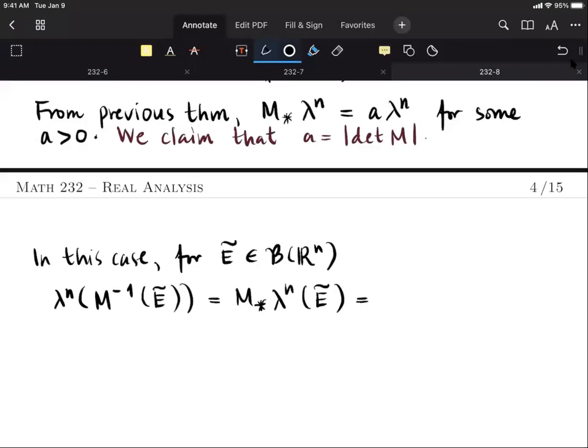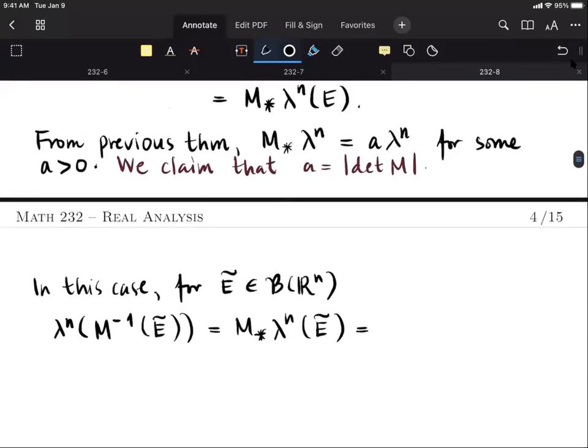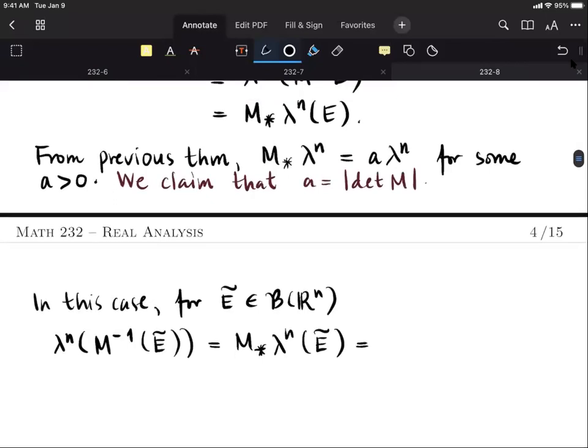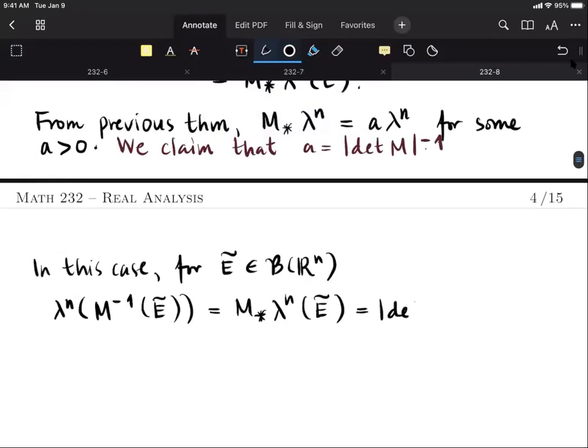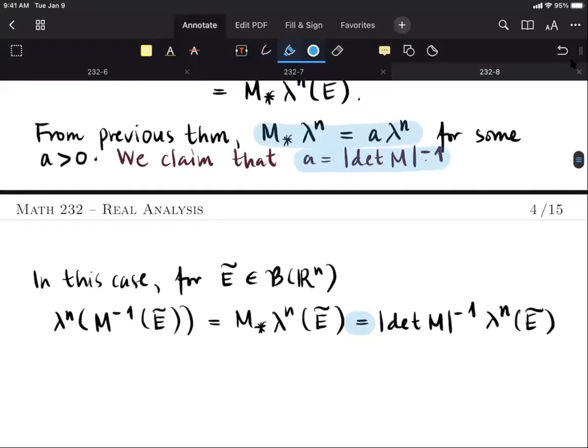And this is equal to, so there must be a correction, this must be the inverse. So this is the reciprocal of the absolute value of the determinant, lambda n E tilde. Okay, so here we applied this, and our claim that A is the reciprocal of the absolute value of the determinant.